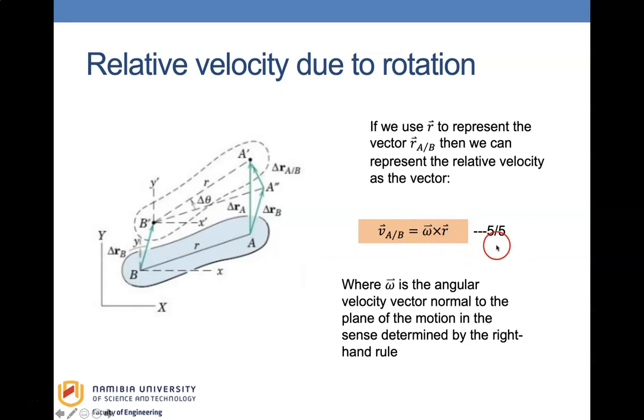And this will be equation 5.5, where omega vector is the angular velocity vector normal to the plane of the motion in the sense determined by the right hand rule. Again, just to say that the right hand rule is well explained in Appendix C, I think, in your textbook, and you do yourself a lot of good to go back and revise the right hand rule.